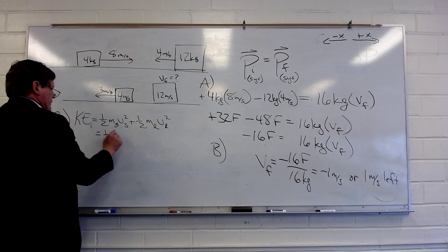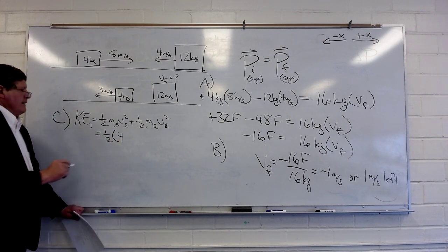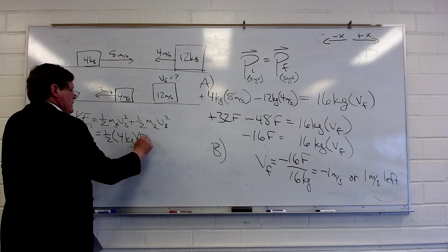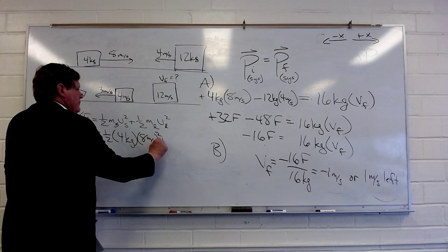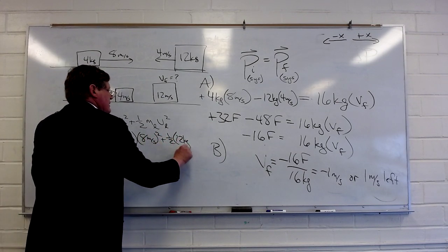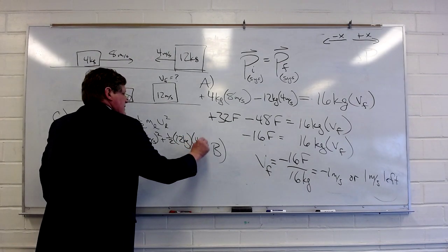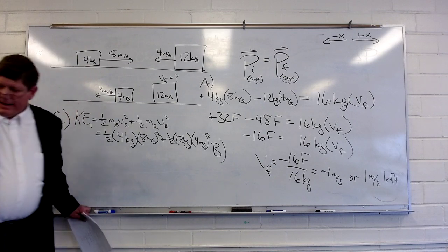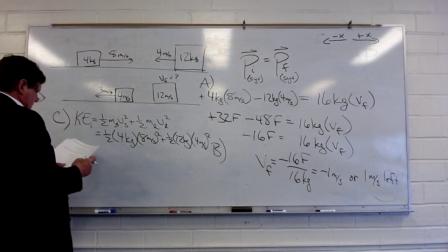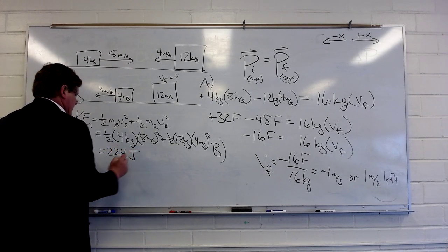That's going to be 1/2 times 4 kilograms times 8 meters per second squared, plus 1/2 times 12 kilograms times 4 meters per second squared. And if I multiply that all out, what I find is that I get 224 joules.